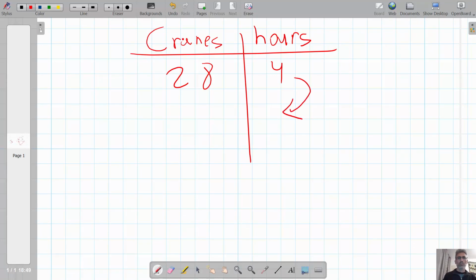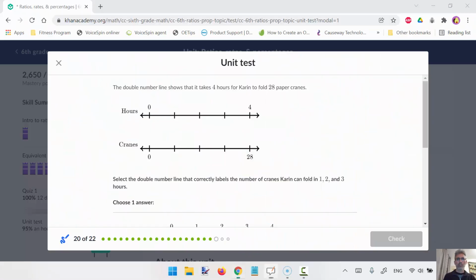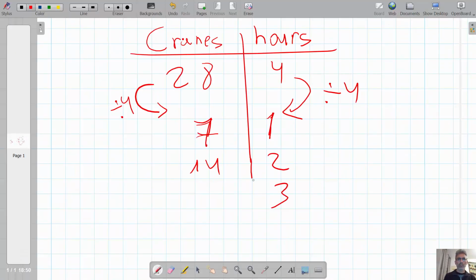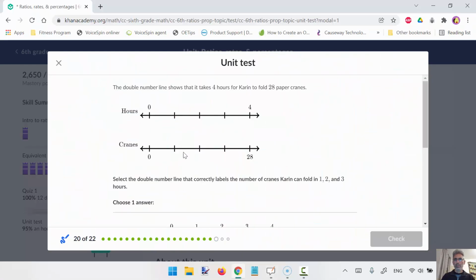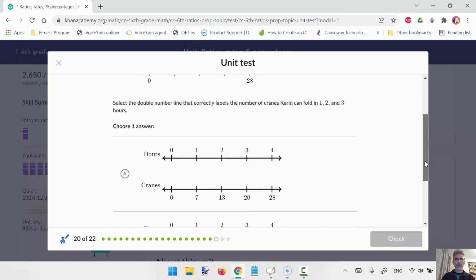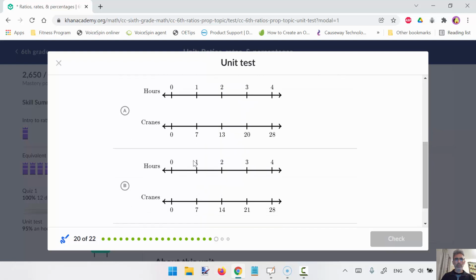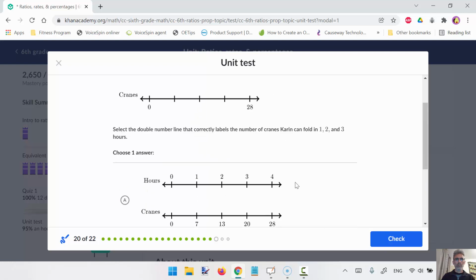So to go from 4 to 1, we divide by 4. 28 divided by 4 is 7. So she makes 7 cranes in 1 hour. In 2 hours, she makes 14. And in 3 hours, she makes 21. Yeah. 1, 7, 2 hours, 14, 3, 21. Okay, so this is the correct number line.